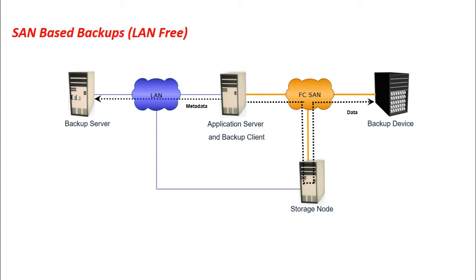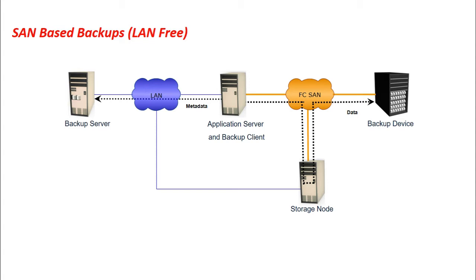Therefore, the backup data traffic is restricted only to the storage area network, and only the backup metadata is sent over the local area network. Hence, the LAN performance will not be affected in case of SAN based backup.